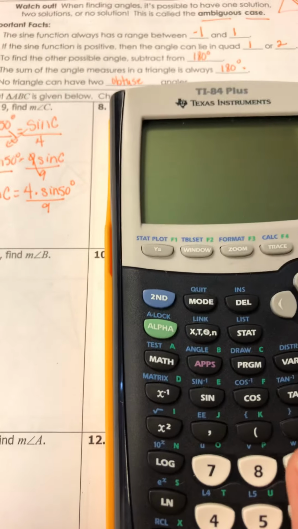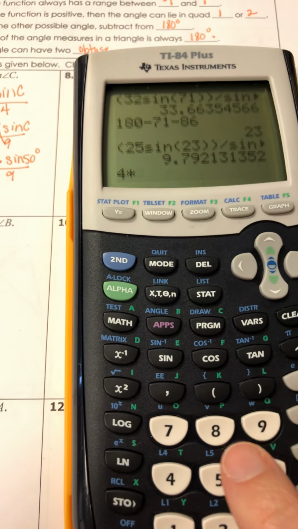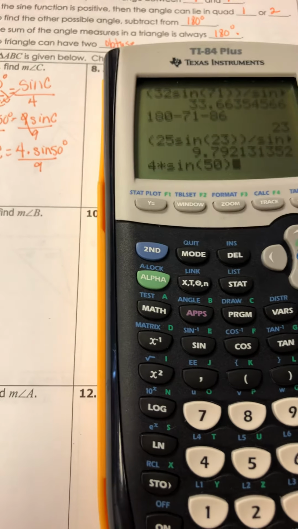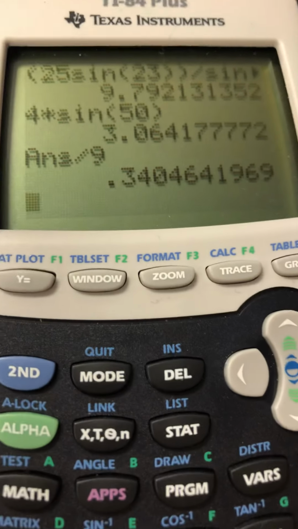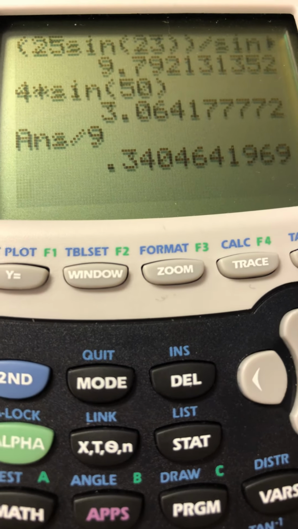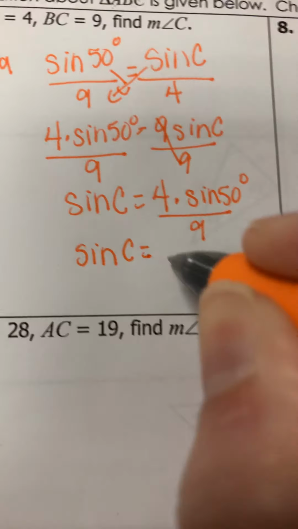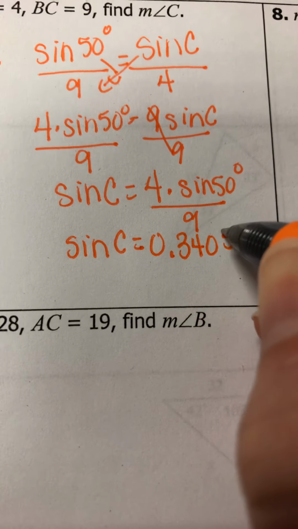So in our trusty calculator, we have 4 times the sine of 50 degrees, and then we're going to divide it by 9. Do you see how it's between -1 and 1? I'm going to write this down. The sine of C, going out 4 decimal places, is 0.3405.